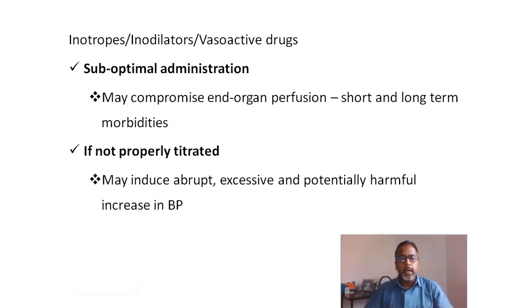If, on the other hand, it is not properly titrated, it may induce an abrupt, excessive, potentially harmful increase in afterload, indirectly blood pressure. So on one hand, you make sure that you have an optimized dose of the particular drug. On the other side, we are trying to avoid the harmful effect of the extended pharmacological action of that particular drug.